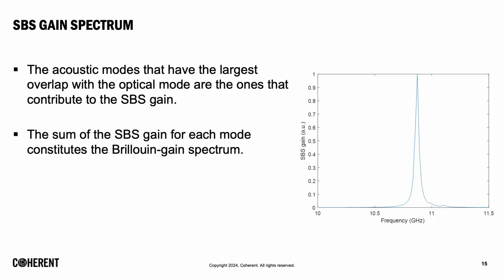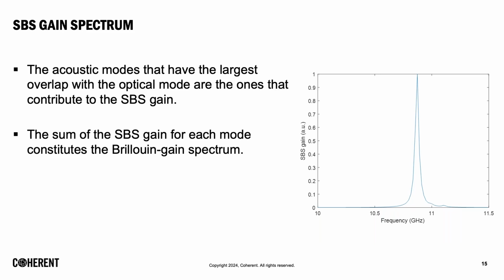And after we have all of our values, the acoustic modes, the overlap integrals are calculated. We use MATLAB to sum all of the SBS gain for each mode to obtain the Brillouin gain spectrum.